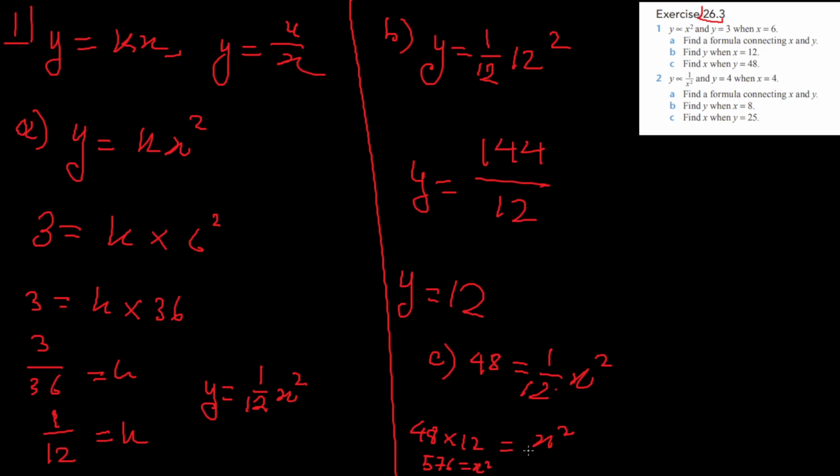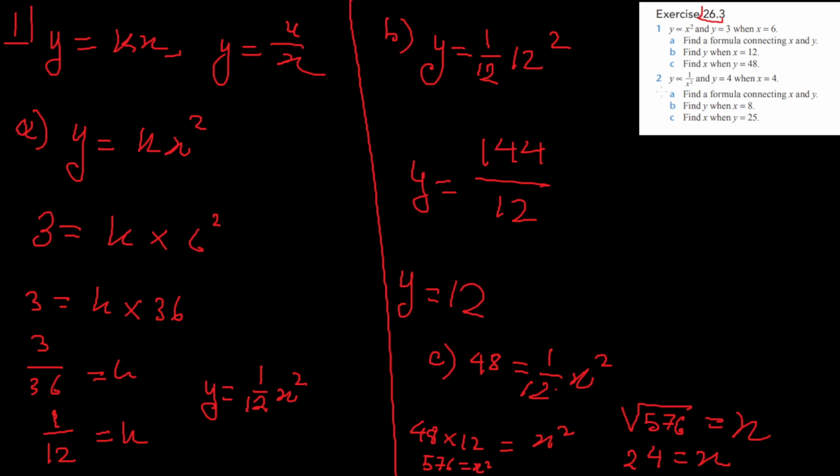If we take the square root here, it's the square root of 576 equals x. The square root of 576 is going to be 24, which is going to be our value for number C.